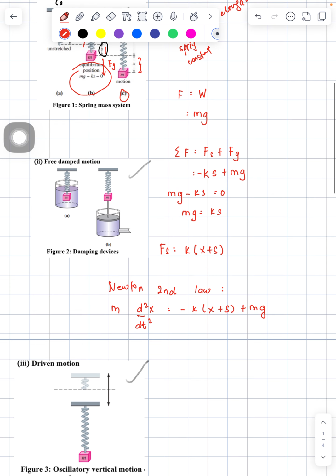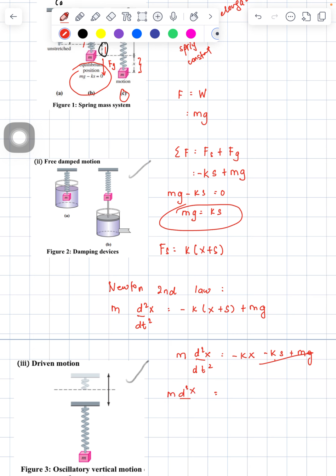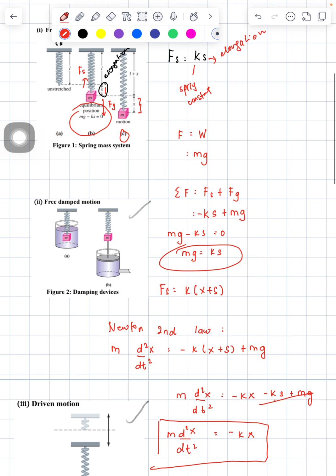Or we can write m d²x/dt² equals negative kx minus ks plus mg. Since mg equals ks at the equilibrium position, negative ks plus mg cancel. So it becomes m d²x/dt² equals negative kx. This is the equation for free undamped motion.